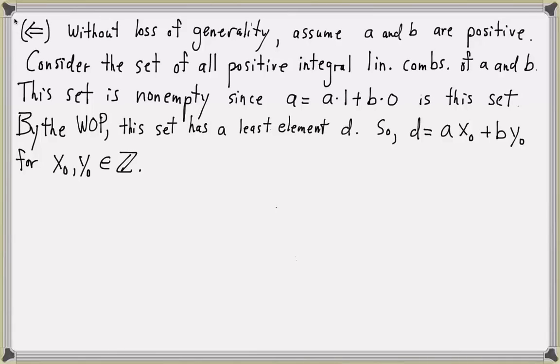What I'm going to show now is that D divides A. I'll show that D divides A, and then we can conclude that D also divides B, so D is a common divisor of A and B. Then I'll show that D is the greatest common divisor.